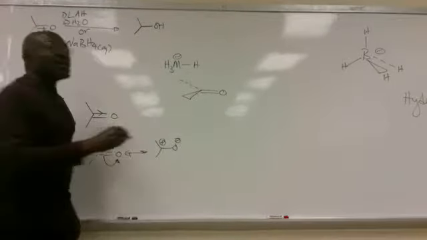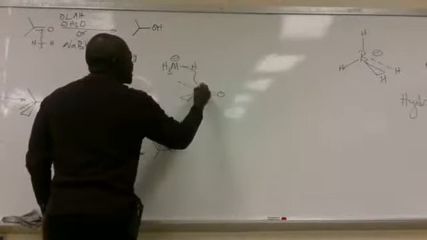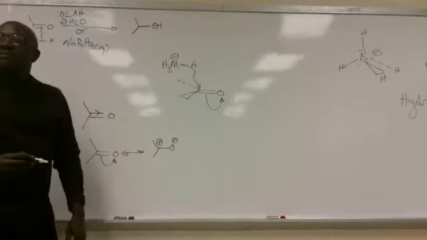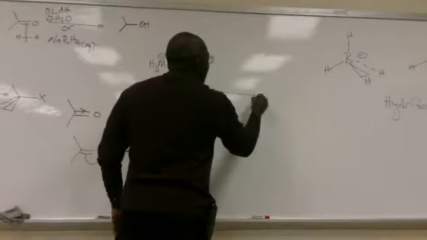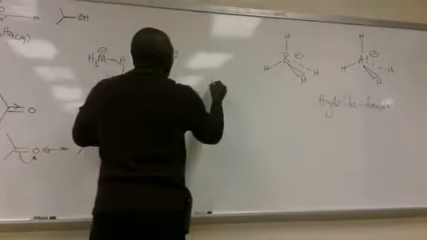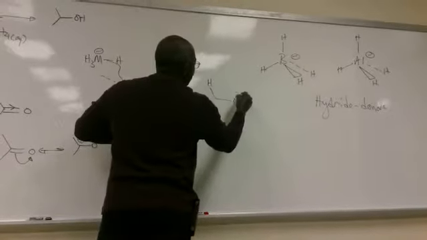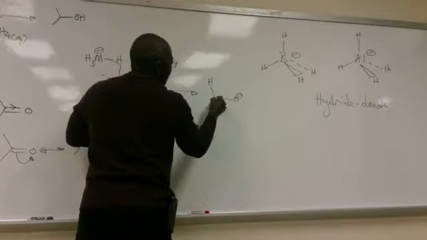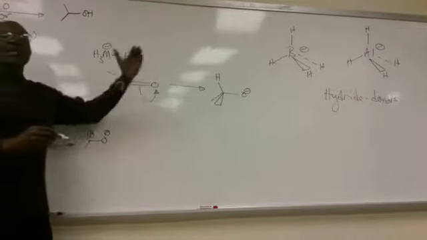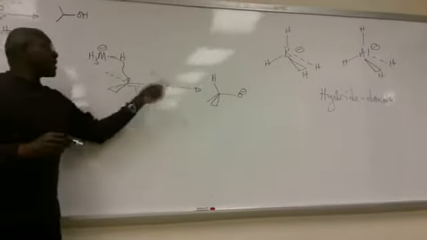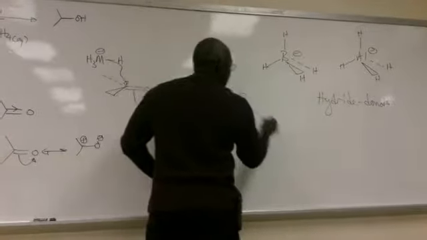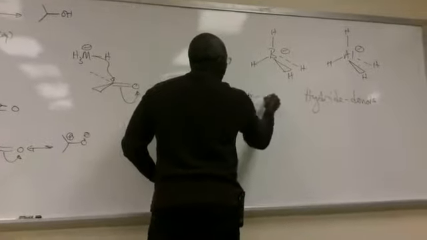What this species does is it attacks the carbonyl, the pi bond breaks. We generate, I don't care about the metal species, we're not concerned with the inorganic things, this species, which is the alkoxide. So the first H comes on as H minus, literally as hydride. From here, we have water.